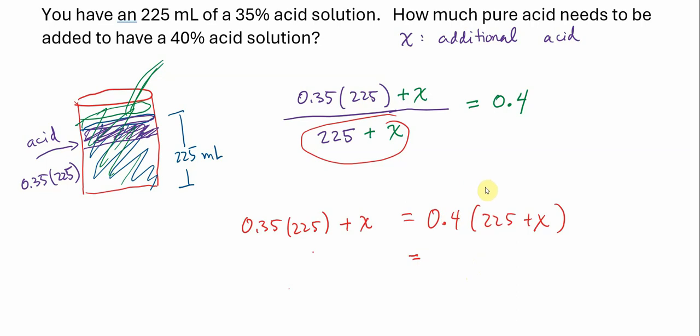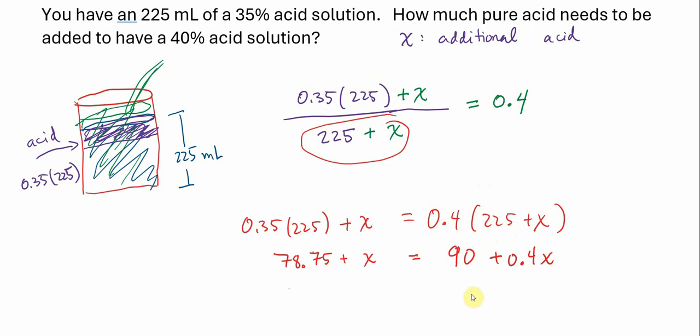Let's distribute. So 0.4 times 225, that's 90, plus 0.4x. Over here, 0.35 times 225 gives us 78.75 plus x.